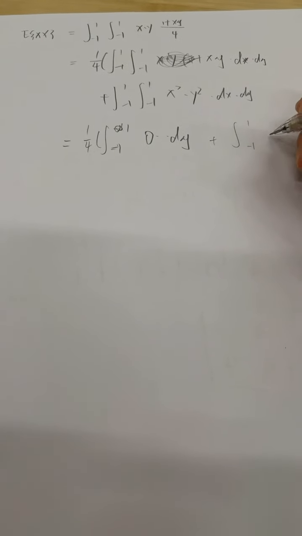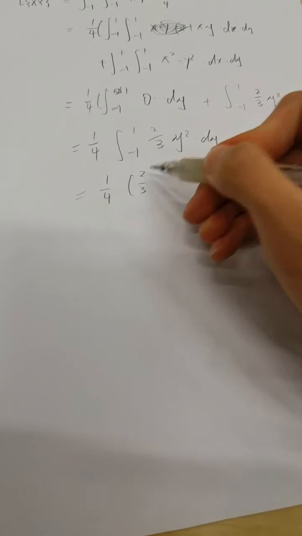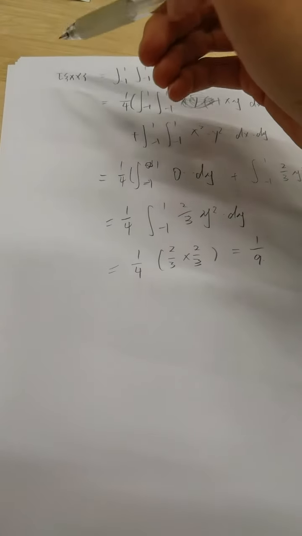Plus, as we know, x squared is an even function, so from negative 1 to 1 we get a result that is not 0. Because the first part is 0, we can ignore it, which leaves 1 over 4 from negative 1 to 1 of 2 over 3 times y squared times dy. Integrating this part gives 1 over 4 times 2 over 3 times 2 over 3, which is equal to 1 over 9. So this is the answer for E[XY].